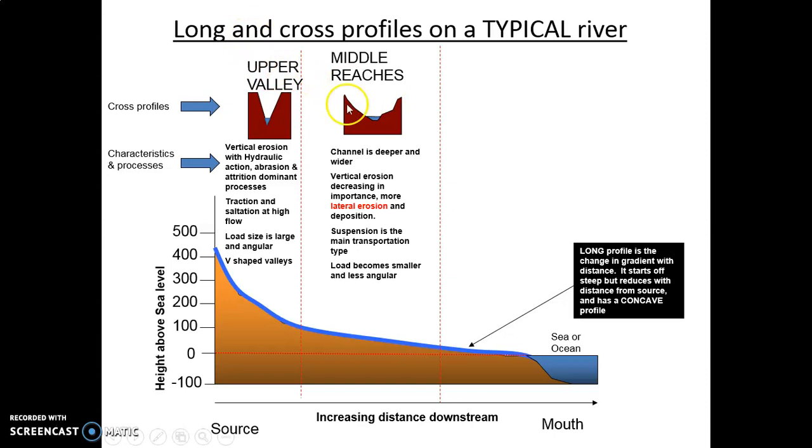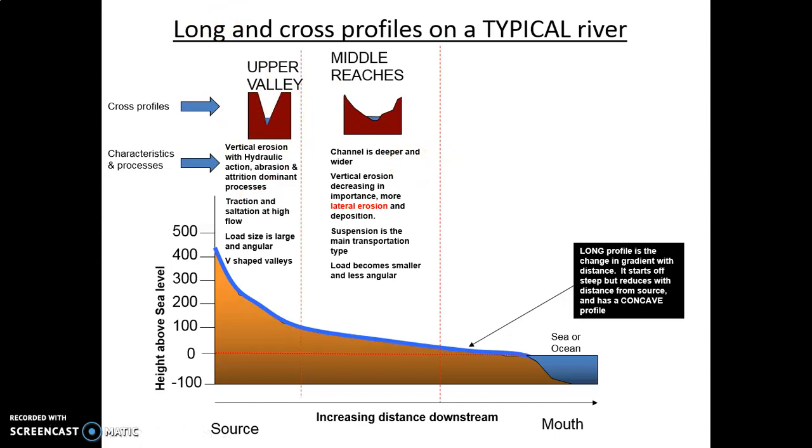And also as erosion takes place and the river starts to go down towards the sea, so you can see here that it's gone down a little bit, it's lost height, then what happens is the sides start to crumble and break down. And so that's what creates the wider, more, I suppose, U-shape compared to the previous upper valley.